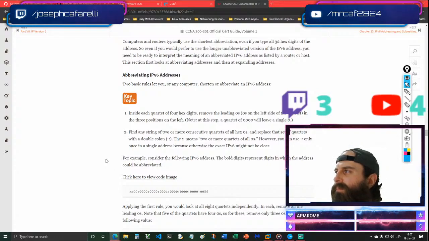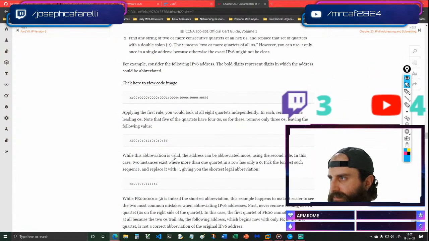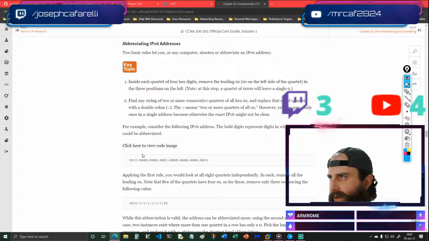All right. For the example, consider the following IPv6 address. The bold digits represent digits in which the address could be abbreviated. So what it's pretty much stating here is these zeros.